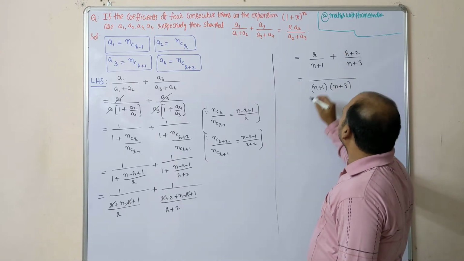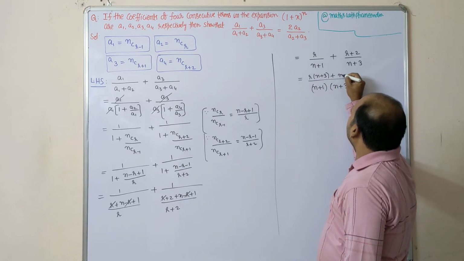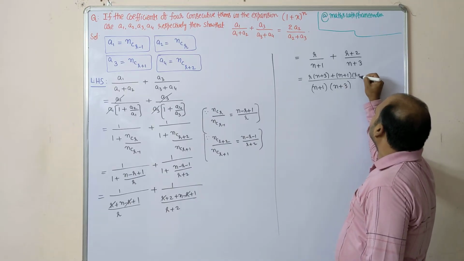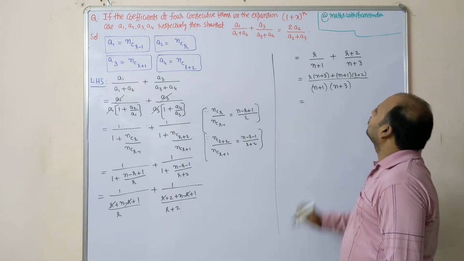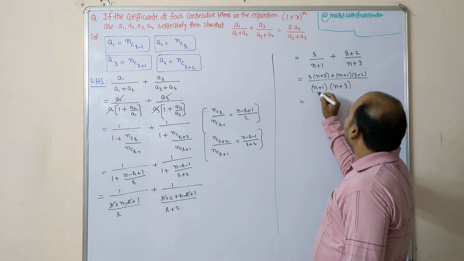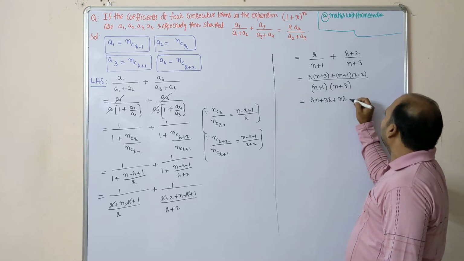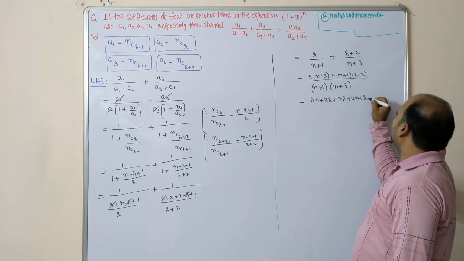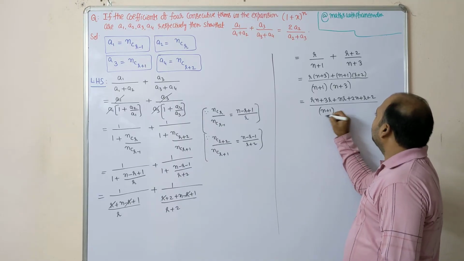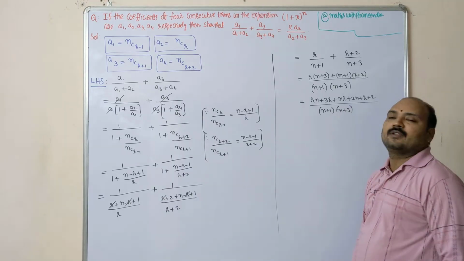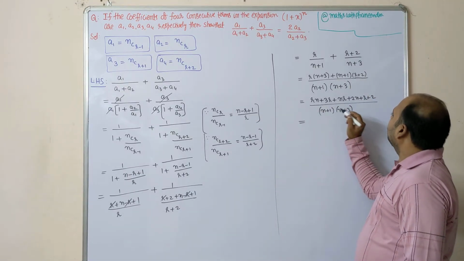So here, r into n plus 3 plus n plus 1 into r plus 2. We can leave it like this, otherwise, r into n plus 3r, nr plus 2n plus r plus 2, by n plus 1 into n plus 3, which is equal to nr plus nr, 2nr.